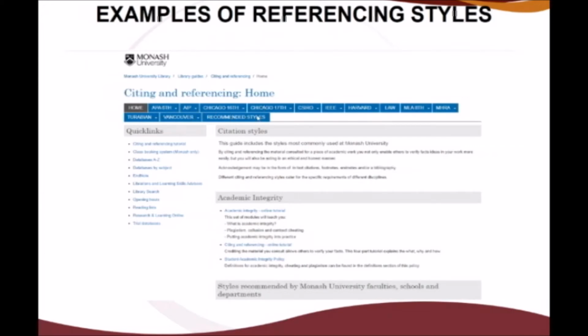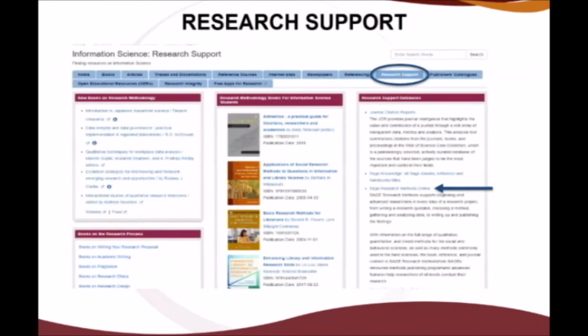There's Vancouver and there's Harvard, and here you'll find that with their Harvard, they've got different editions. So we'll go there when we go for our demonstration. And then I will end with your methodology part.